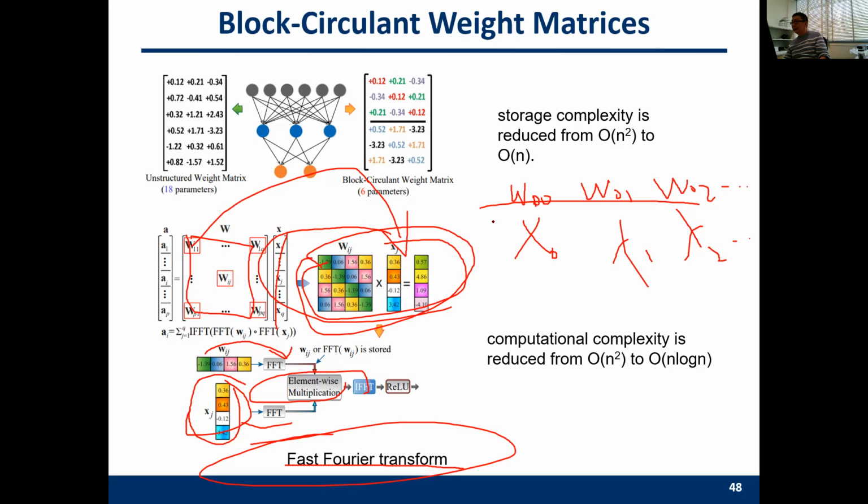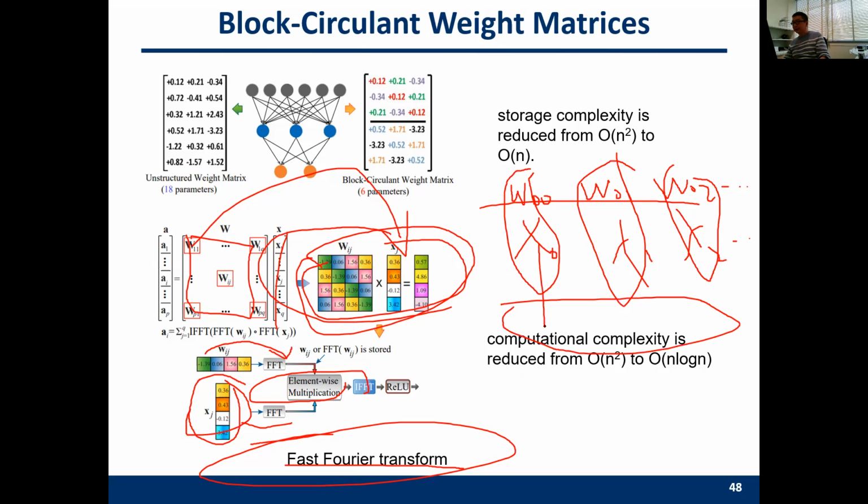So the element-wise multiplication means we just need to multiply these two, and multiply these two. We don't need to add them together. And then this is good enough. We perform an inverse FFT on the results of this element-wise multiplication, and then we get the result.